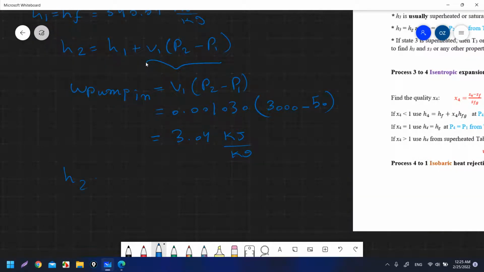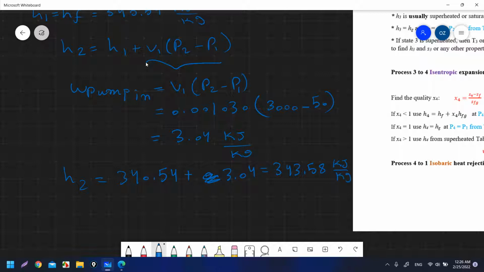Okay, so to find H2, we will use this equation. H2 is equal to H1. We got H1 to be 340.54 plus V1 (P2 minus P1), which we already calculated as the work pump in, so 3.04. And this will give us that H2 is equal to 343.58 kilojoule per kilogram.